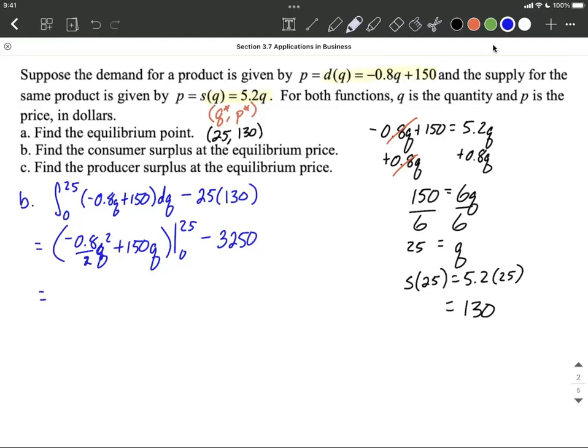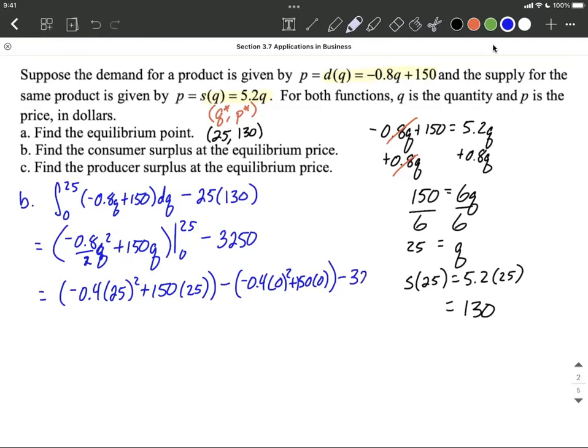All right, from here, let's go ahead and fill in with our upper bound and subtract away when we fill in with our lower bound. So negative 0.4 times 25 squared plus 150 times 25. That was our upper bound. Now we subtract away as we fill in our lower bound: negative 0.4 times 0 squared plus 150 times 0.